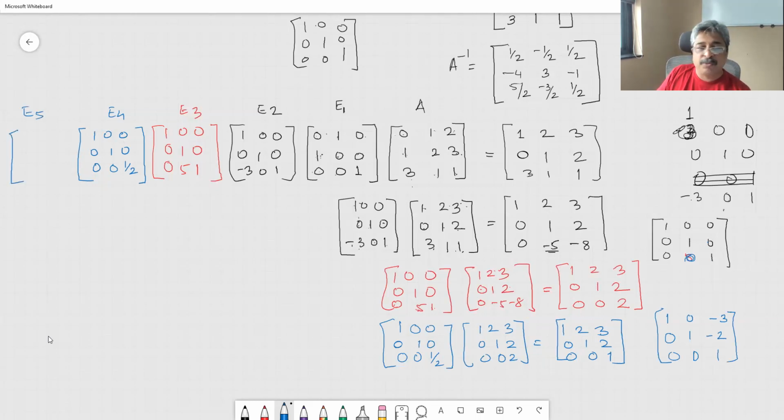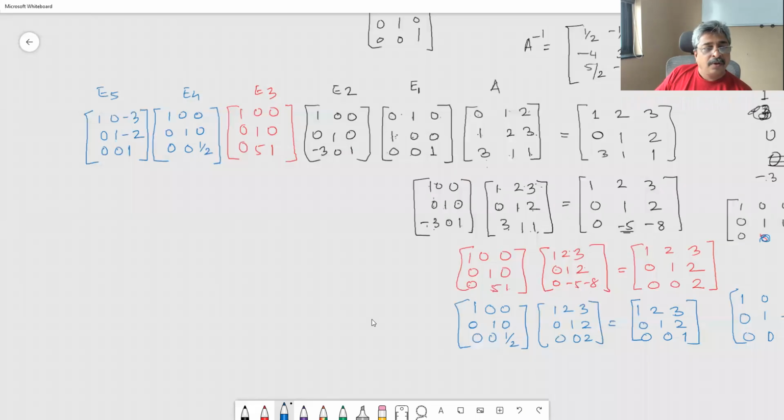It will make two transformations: 1 0 -3, 0 1 -2, 0 0 1, and we are supposed to multiply 1 0 -3, 0 1 -2, 0 0 1 by 1 2 3, 0 1 2, 0 0 1.